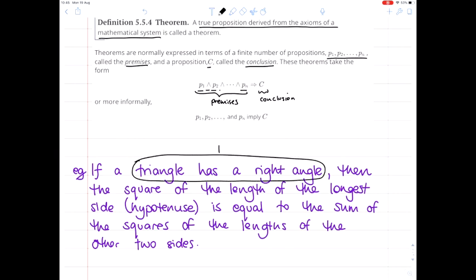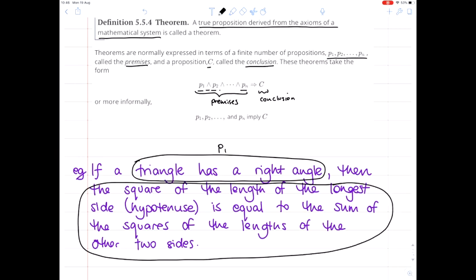That's our first premise. Then the square of the length of the longest side is equal to the sum of the squares of the lengths of the other two sides. That's our conclusion. So here we just have one premise, if a triangle has a right angle, and then we can draw this amazing conclusion.